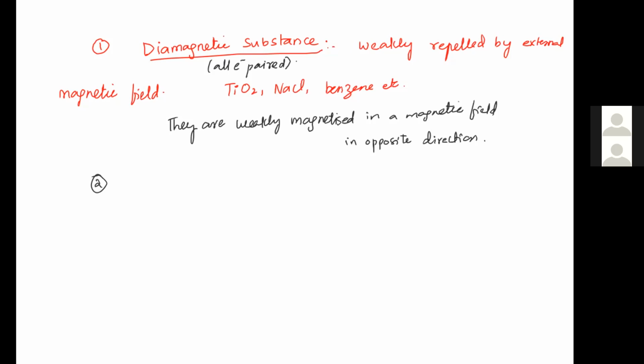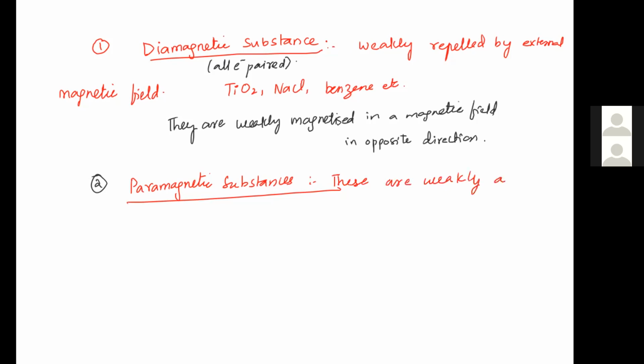Next we have paramagnetic substances. These are weakly attracted by magnetic field.